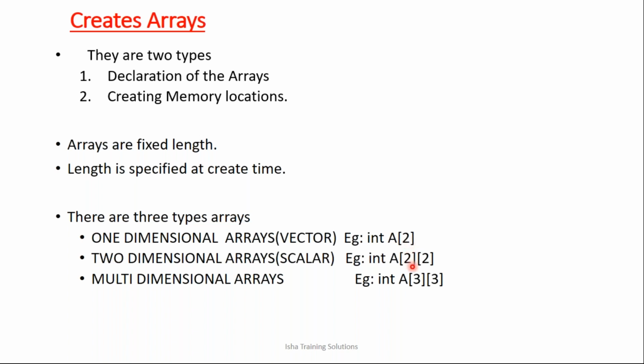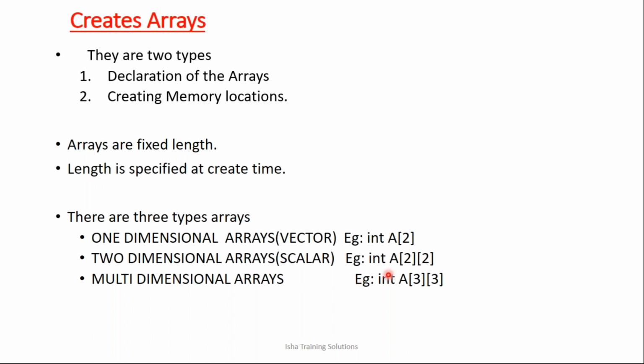When it comes to a two-dimensional array, the first value will represent the number of rows and the second value will represent the number of columns. Again, these numbers need not be the same. It could be 3 and 2, 2 and 3, or 9 and 2, any numbers it can be. It is not like it should be the same.